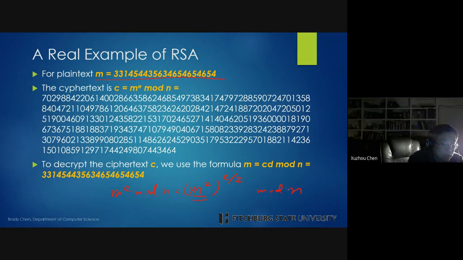If M squared is still less than N, then you can use M to the 4th, E divided by 4, something similar. Then it is relatively easy to calculate, because M to the E mod N is M mod N to the E mod N. So that's the formula you're going to use.